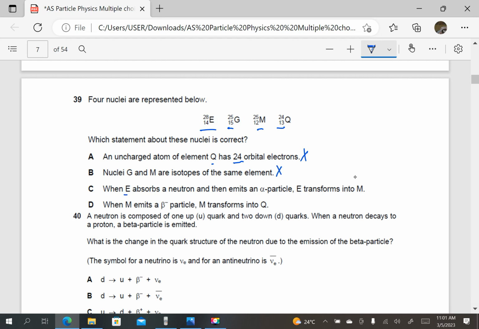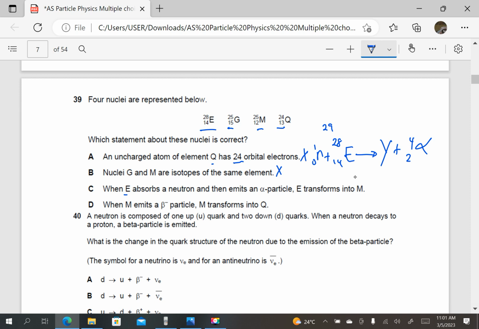When E absorbs a neutron and then emits an alpha particle, E transforms into M. Let's verify. E is 28, 14. They said it absorbs a neutron, so I'll add a neutron on this side. This gives us another nucleus, let me call it Y. Then it emits an alpha particle, which is 4, 2. So this side will have 1 plus 28, which is 29.